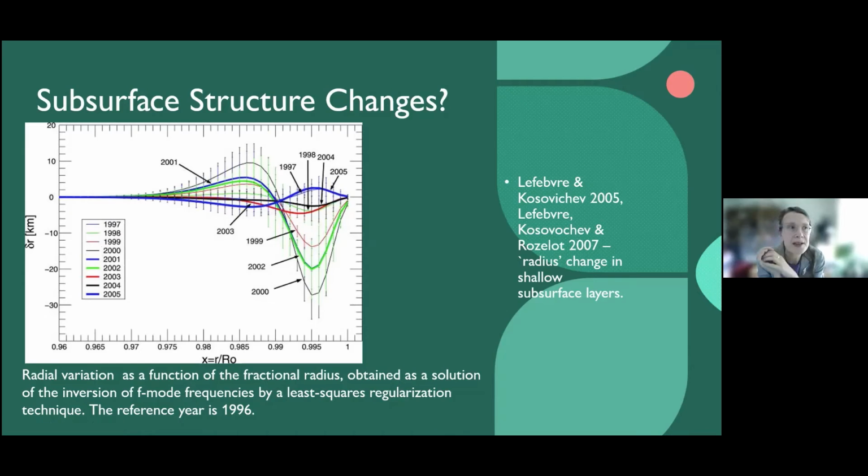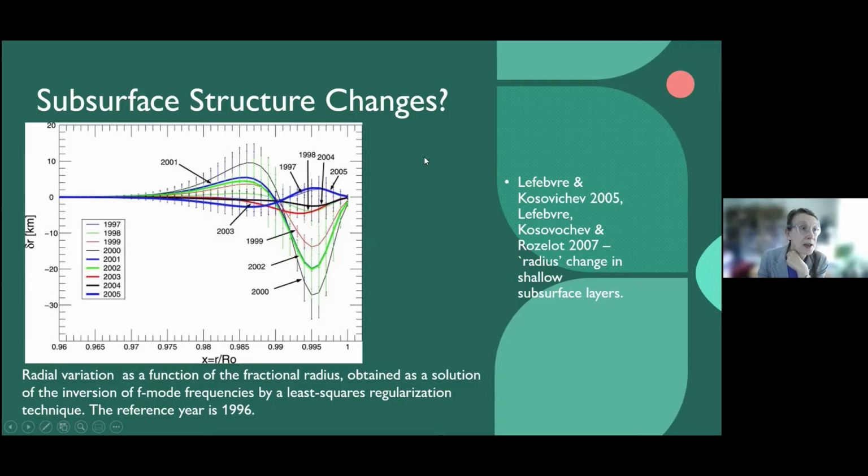This is an analysis by Sasha Kosovichev and colleagues. What they're saying is that there's something about the cavity that is changing, and they've got some resolution on it, but it's only in the outer layer. So there's a kind of two-layer structure in the response of the modes.